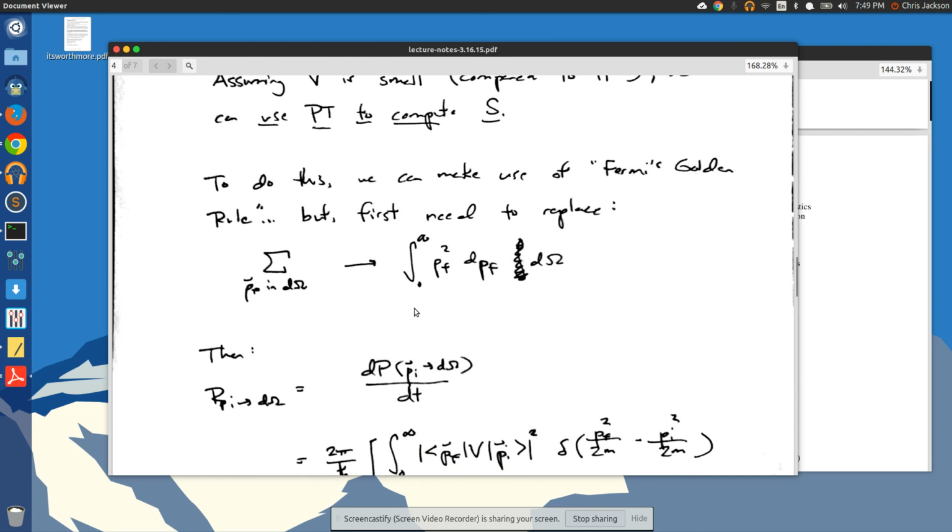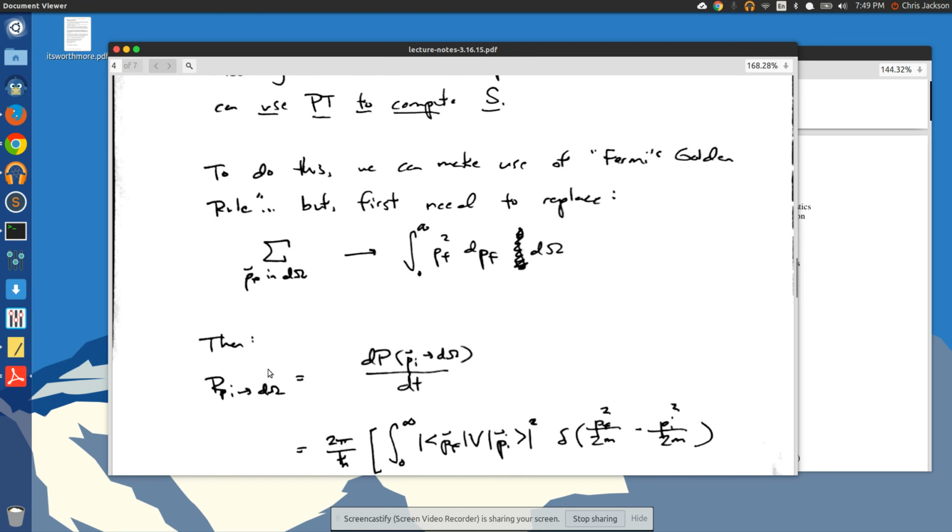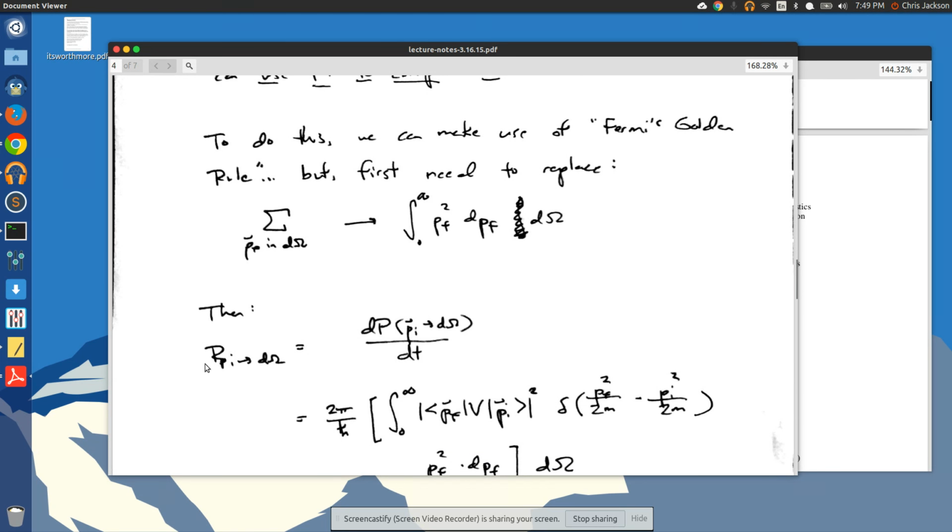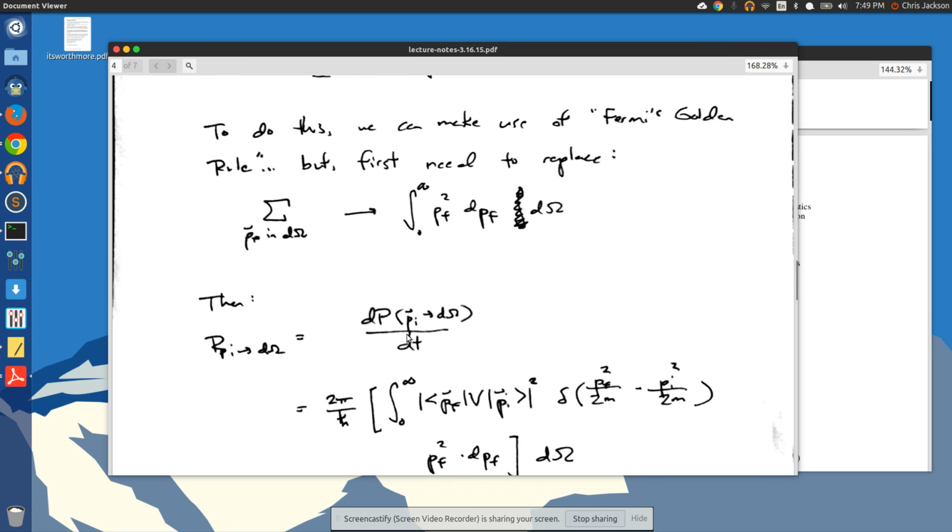Okay. All right. So if we want to use Fermi's golden rule, we're interested in computing the rate, right? The rate that particles that started out in p_i are going to end up in our detector, right? And the rate is just the rate of change of the probability. Okay.